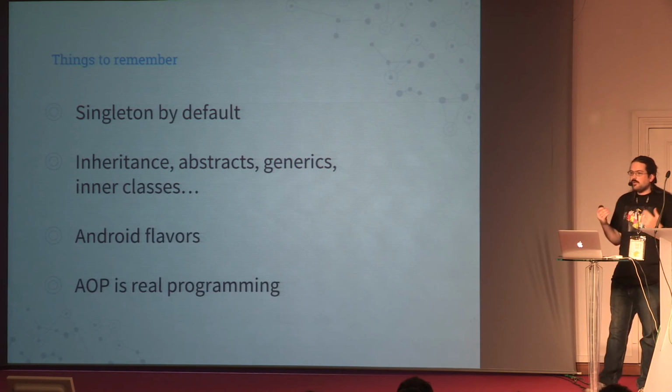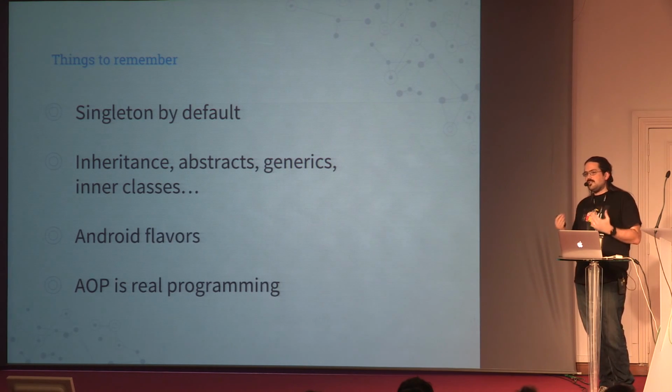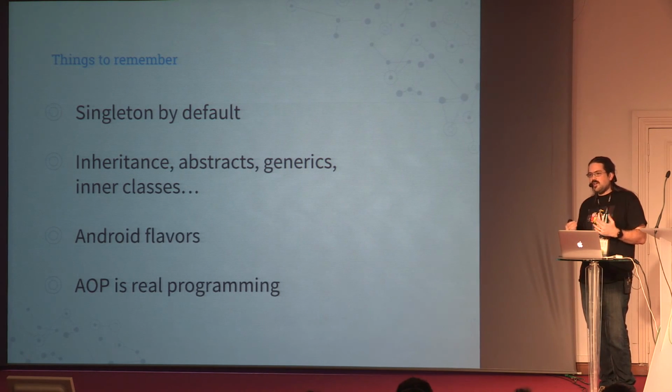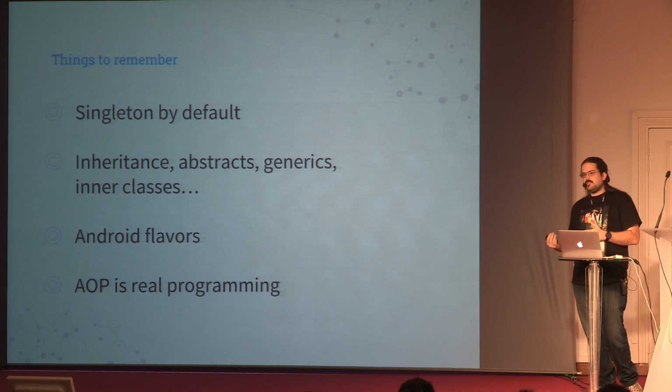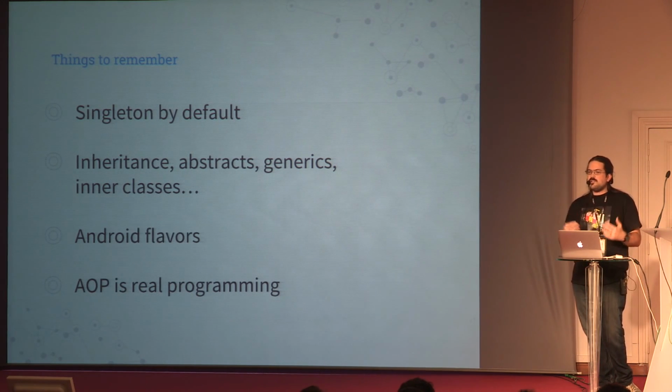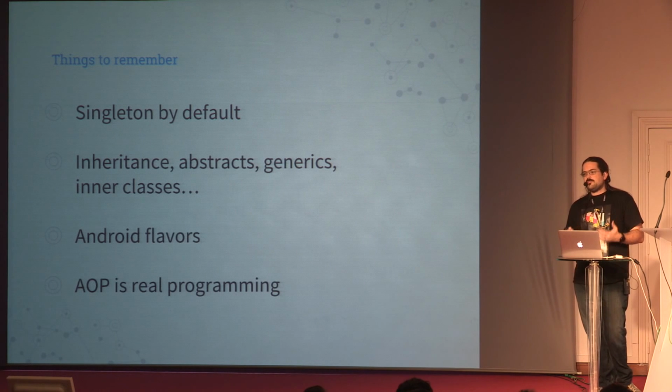Then, by default, any aspect that you write, any class that is annotated with the aspect annotation, is a singleton. But you can use some annotation to say, I don't want it to be a singleton, I want to have one instance per pointcut. When you write aspects with AspectJ, they're classes.